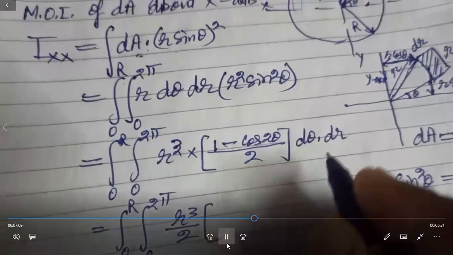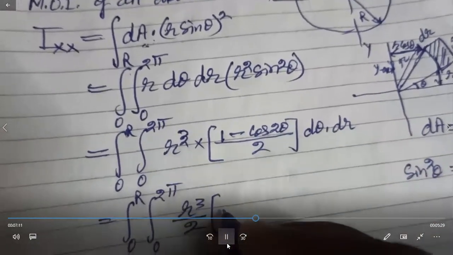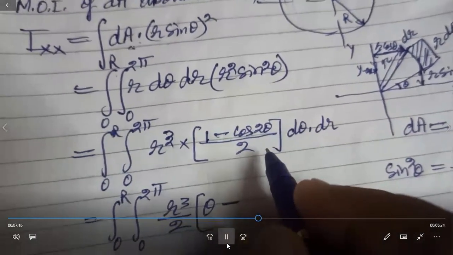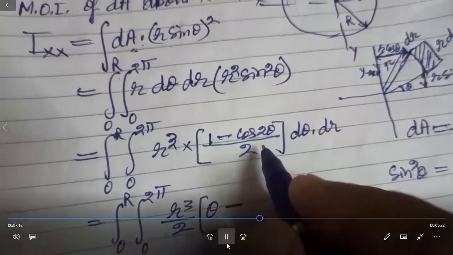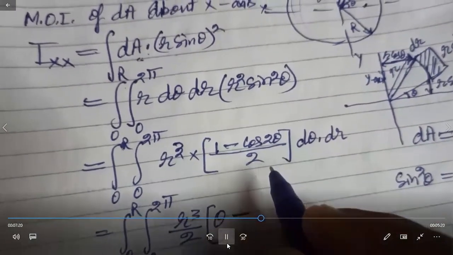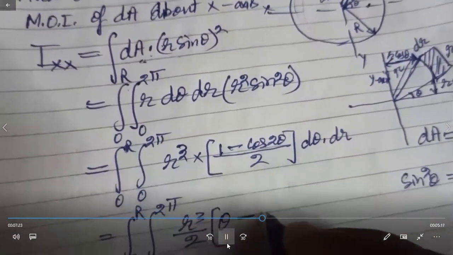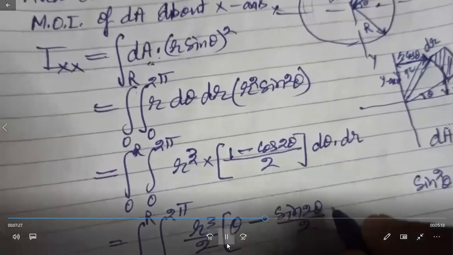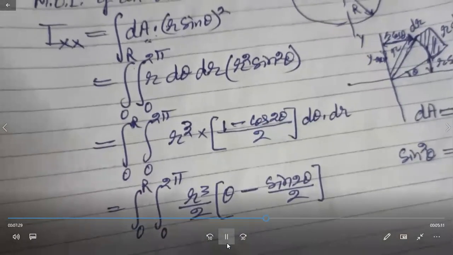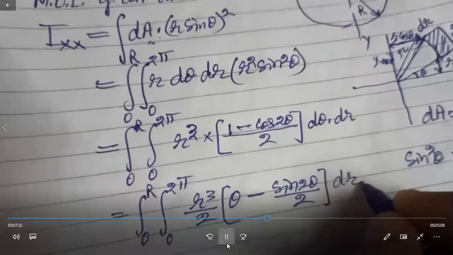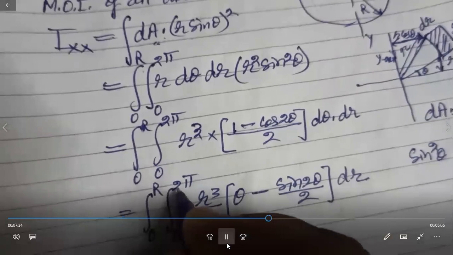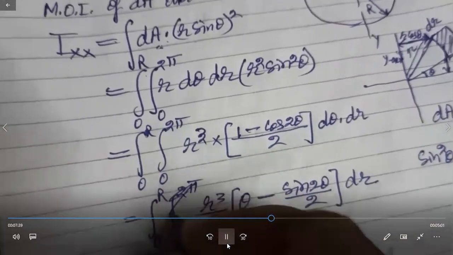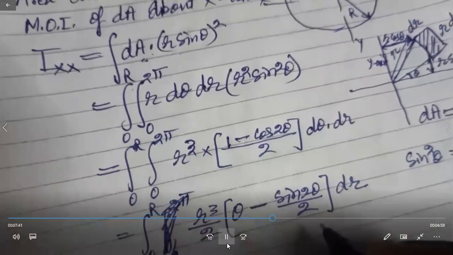On integrating with respect to d theta, this will give you theta minus sin 2 theta divided by 2, and this is dr. So these limits 0 to 2 pi can be put here.